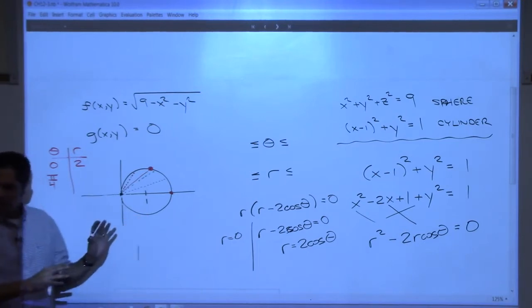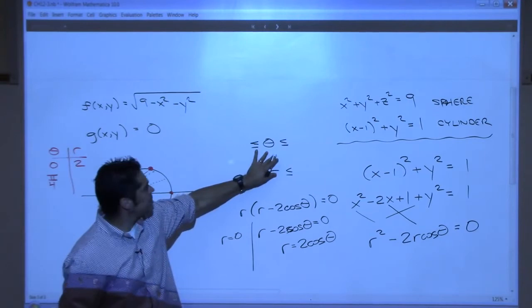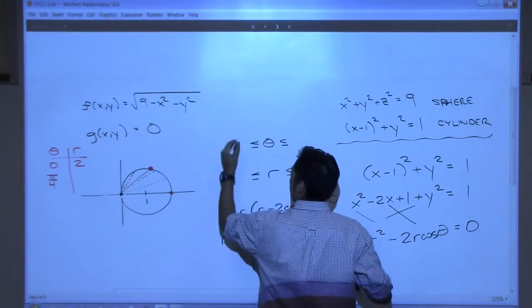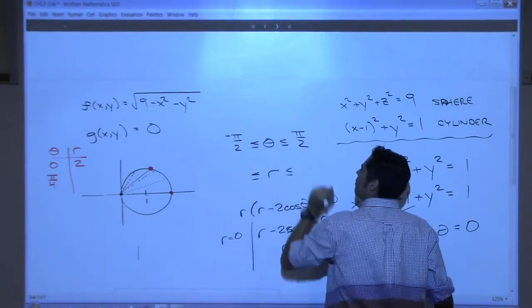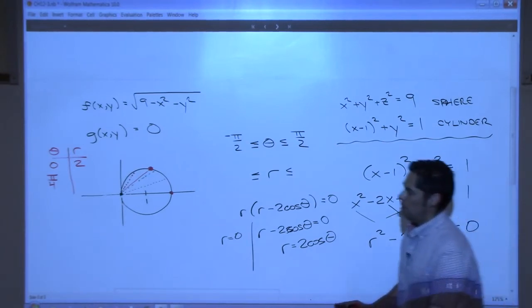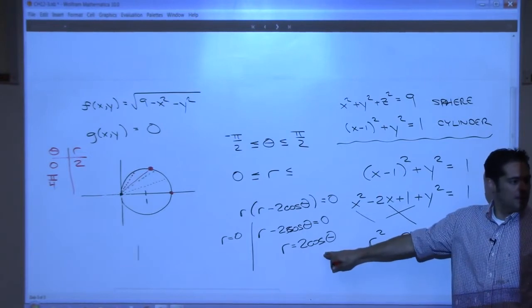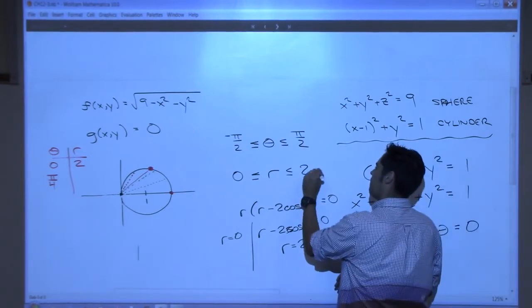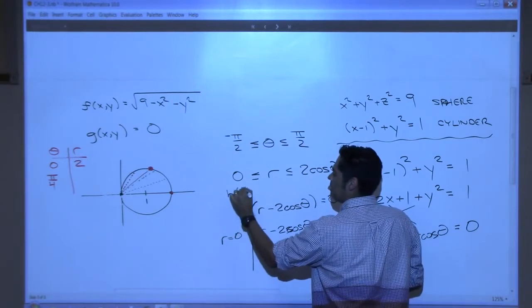So do y'all kind of get this? My restriction on theta is going to be between where and where? Negative pi over 2 and pi over 2. And then my restriction on r, how far I walk out, always has to be between 0 and 2 cosine theta. This is h1 of theta.